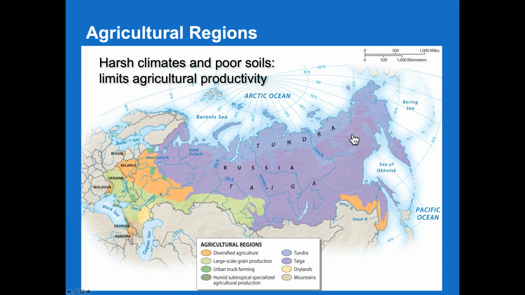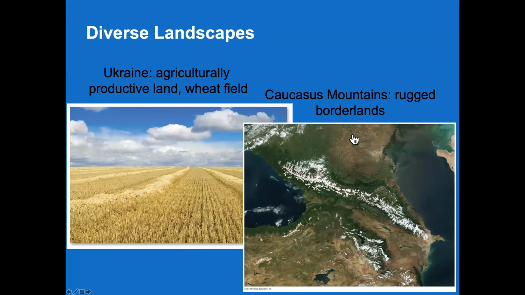It's just too cold. And when you look at that image there on the left in Ukraine, that could very well be Kansas, Oklahoma, Nebraska. It's like a prairie. So it's very, very similar to what we find in the breadbasket of the United States.